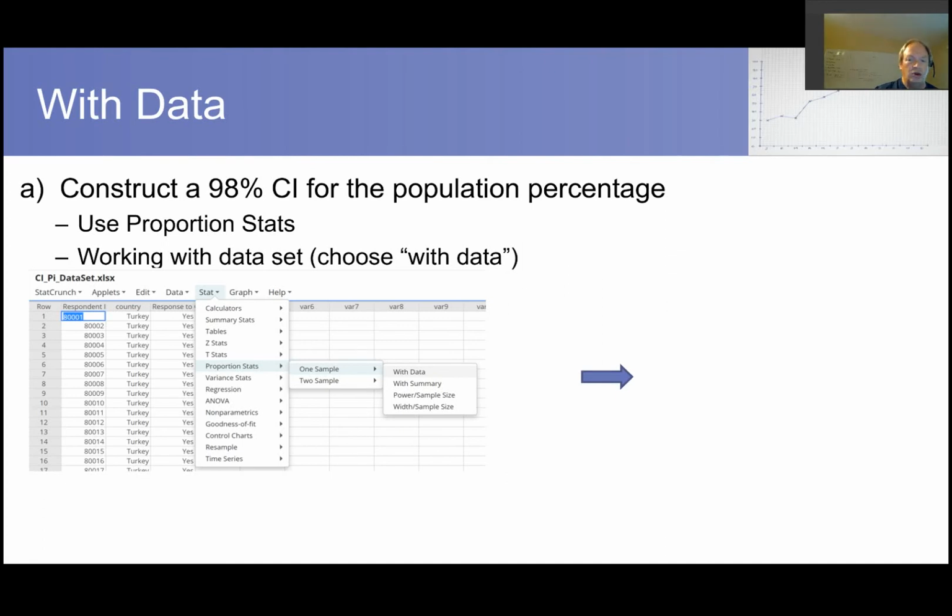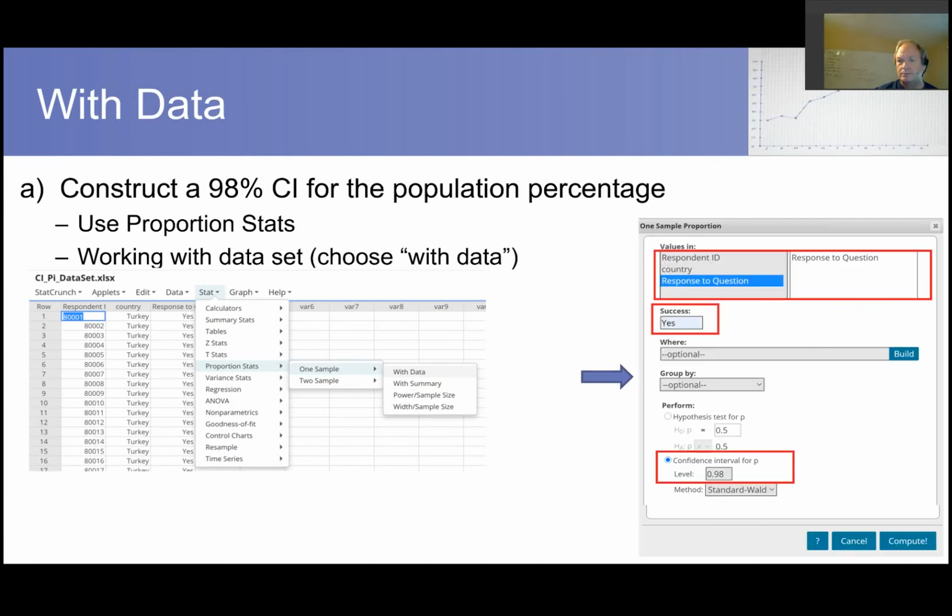And when you do, a new window will open up, and you're going to fill in several fields. First, you're going to click on the categorical variable you're interested in, which is the response to the question. You have to tell StatCrunch the value for what you consider a success.